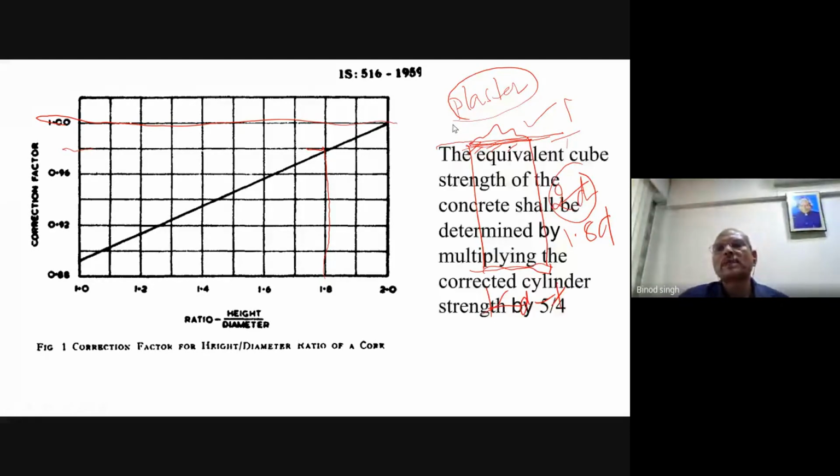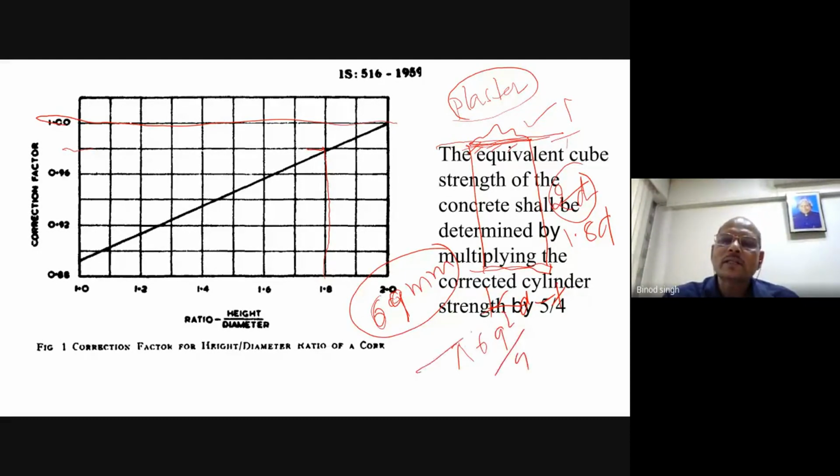So the equivalent cube strength of the concrete shall be determined by multiplying the corrected cylindrical strength. Generally, suppose I have a 69 mm diameter concrete core. So what will be the compressive strength of the core? This is the diameter of the core, 69 mm. So the area is π times 69 square by 4. Whatever load you are getting, you will get a certain strength.